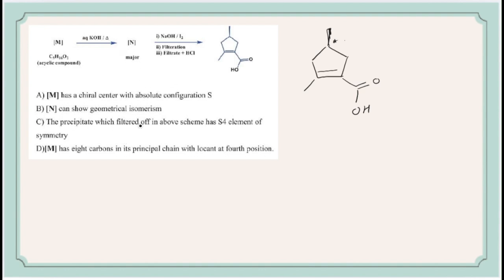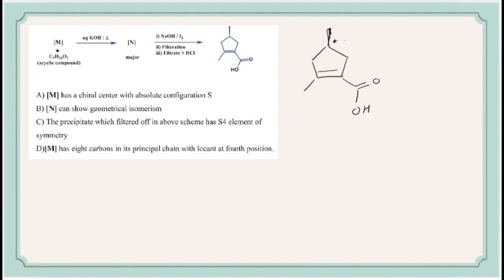The precipitate which is filtered off in the above scheme has an S4 element of symmetry. M has 8 carbons in its principal chain with the locant at the 4th position. This is the information we have from the options, and we are supposed to choose one or more right options.